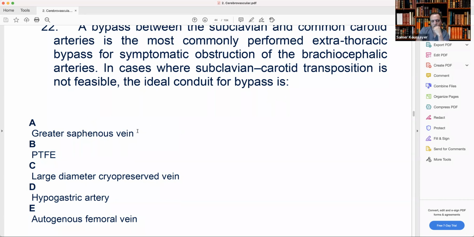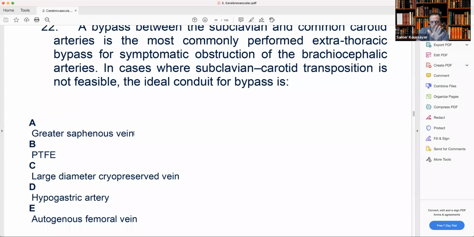The only time we use a vein is if you have to go really high. For example, you do an endarterectomy of the left common carotid artery, combined with a carotid subclavian bypass, for common and internal carotid artery stenosis with subclavian artery occlusion. It's not common, but you can see it.